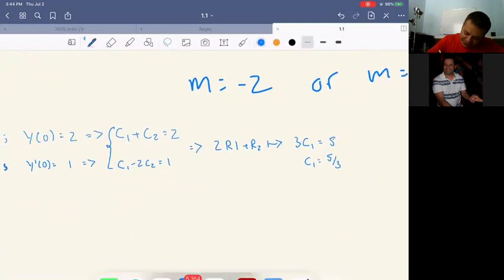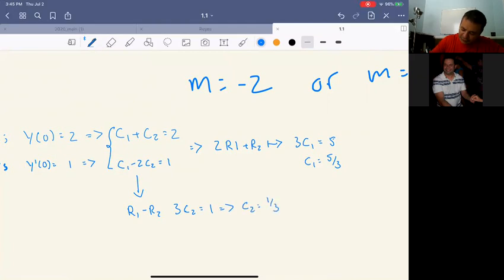The other elimination, eliminating the c1, I'm going to take row 1 minus row 2. If I do that, I'm going to get c2 plus 2 c2, so 3 c2 equals 1. So c2 equals 1/3.